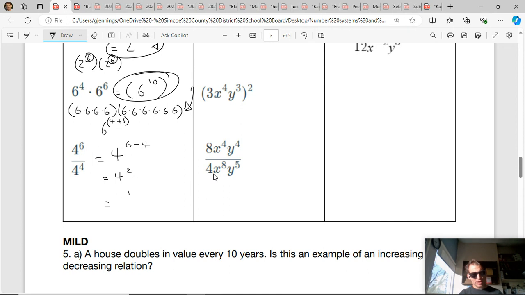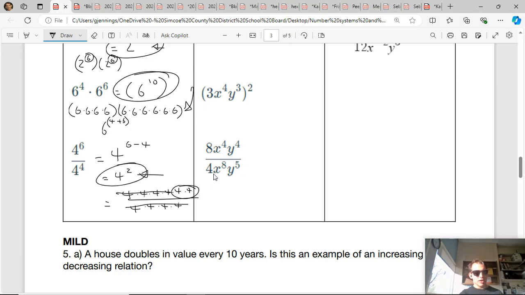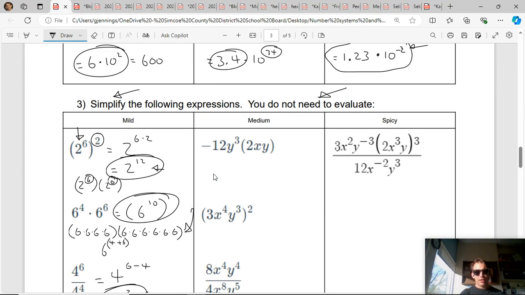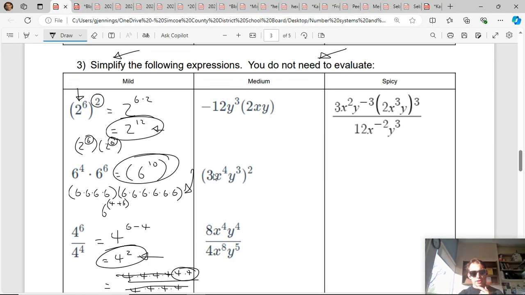Never be shy to expand these things. 4 times 4 times 4 times 4 times 4 times 4 divided by 4 times 4 times 4 times 4. Cancels those 4, cancels those 4. Only left 2 upstairs. That's 4 to the 2. That's the answer. But what if we got stuff like that? It got medium fast, boys and girls and math people.